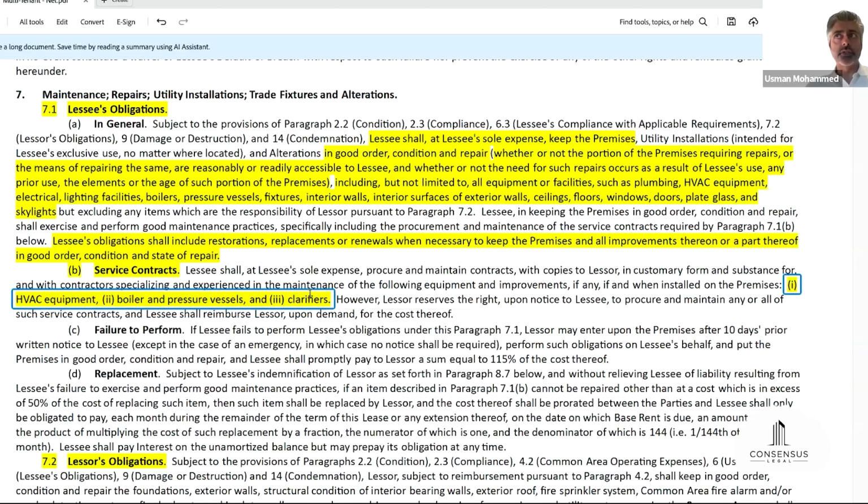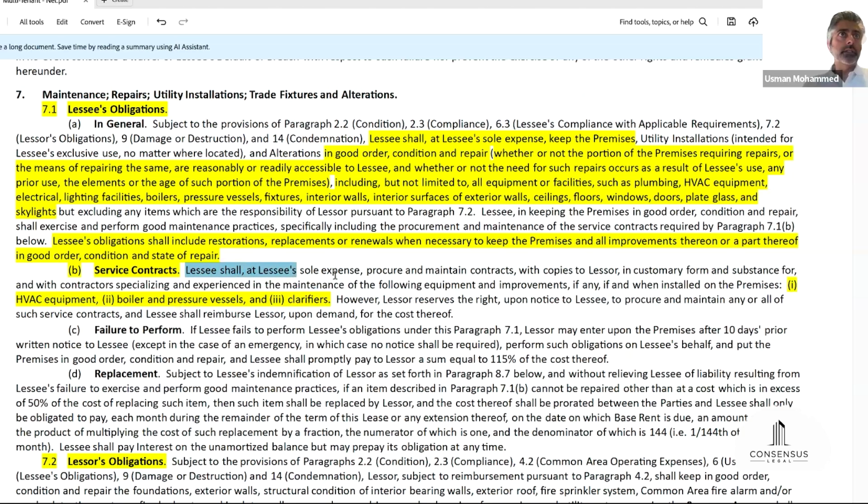So with respect to service contracts, to the extent there are clarifiers in the premises and boiler and pressure vessels, lessee is required to obtain service contracts for those. And lessee is also required to obtain a service contract for that key item, the HVAC equipment.